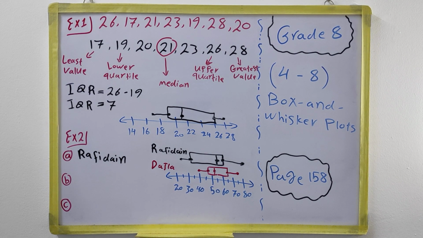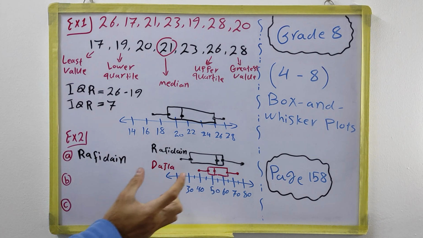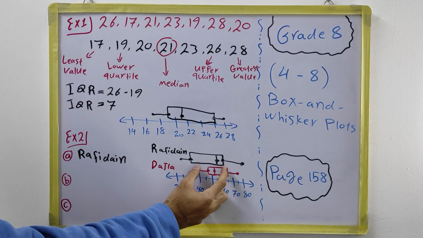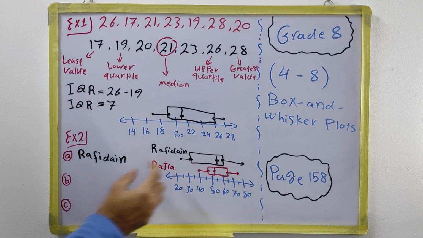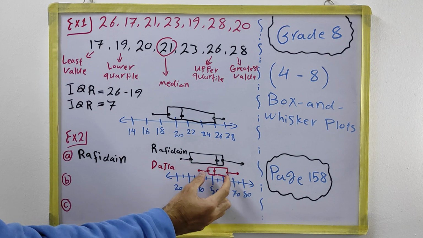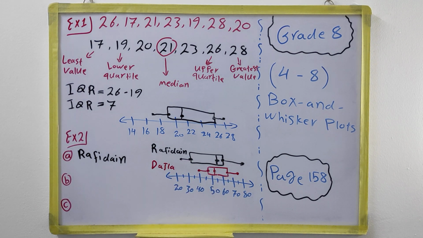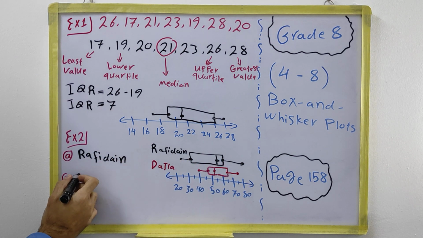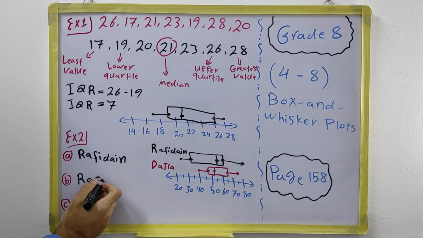For the interquartile range, always look at which one has the greater box, this rectangle. Which one is greater? We can see Rafidin is greater than Dijla. For the greater interquartile range, we always depend on the greater rectangle. Rafidin.